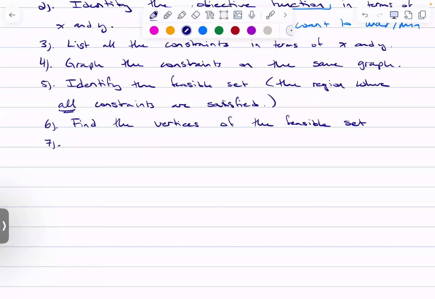Now, once we have the vertices, then we bring in the objective function, which we haven't touched, right? Beyond setting it up initially, we haven't touched it. It hasn't come into play at all. And so now you're going to evaluate the objective function at each of the vertices.